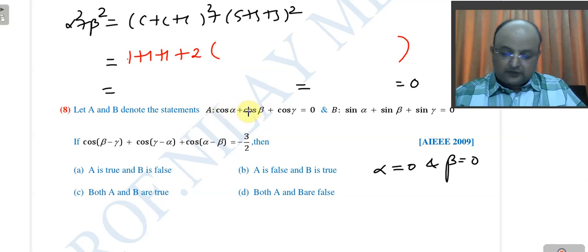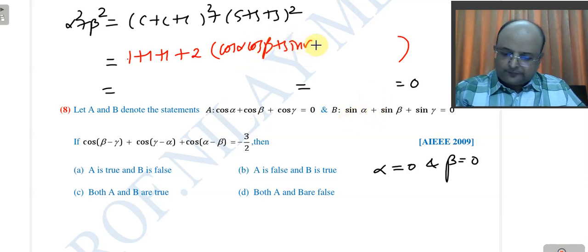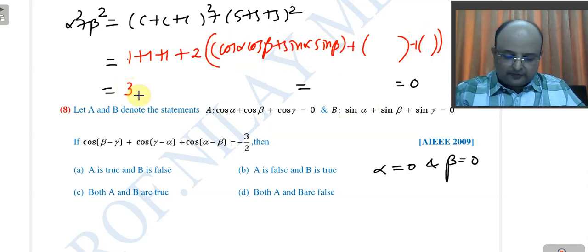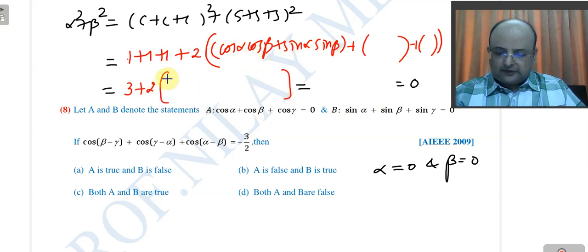Cos alpha cos beta, 2 cos alpha cos beta, and here you will have sin alpha sin beta, and remaining two terms will be like this. I did not write even in exam 3 plus 2. What is cos alpha cos beta plus sin alpha sin beta?